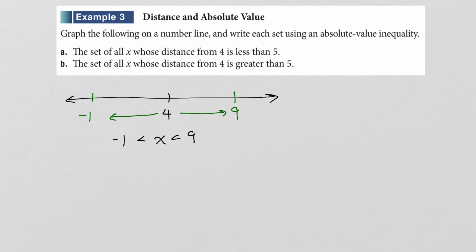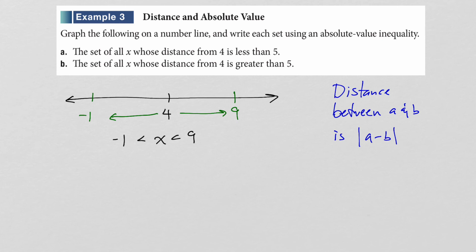But we want to write this in absolute value inequality notation. So let's remember that the distance between two numbers, a and b, is nothing more than the absolute value of a minus b.